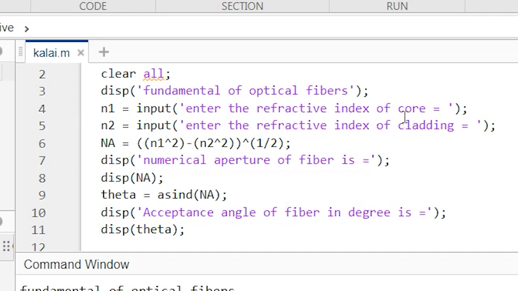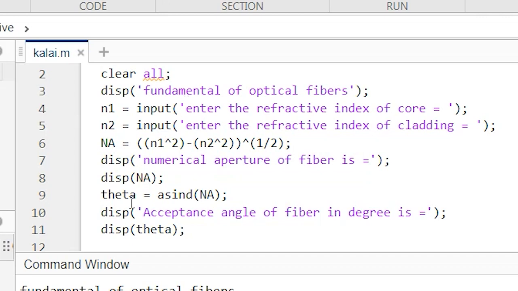And the second input is n2, that is enter the refractive index of cladding. The formula for numerical aperture is n1 square minus n2 square whole power 1 by 2.